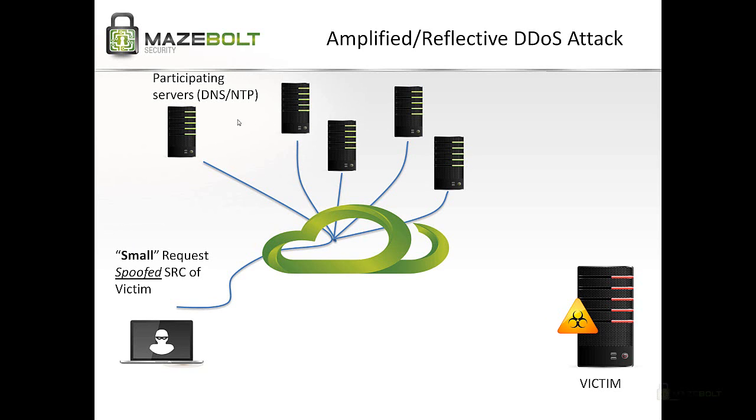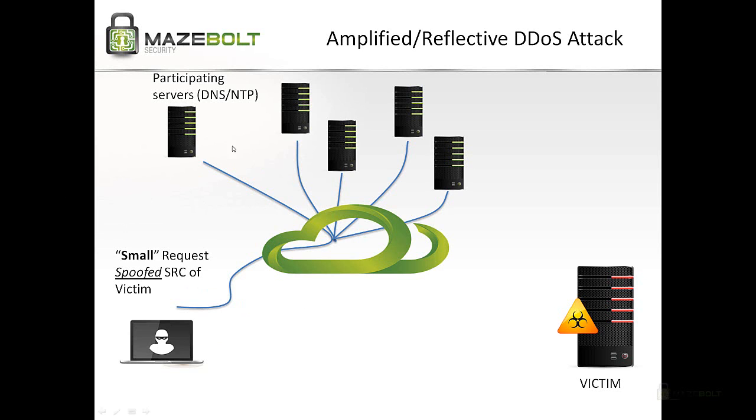I put DNS here because this kind of scenario can also happen with DNS, which is another connectionless protocol, which is not the focus of this video, but just to demonstrate this can happen with other connectionless protocols. DNS is another very common DDoS attack. But in this case with NTP, the attacker will send a monlist get list request.